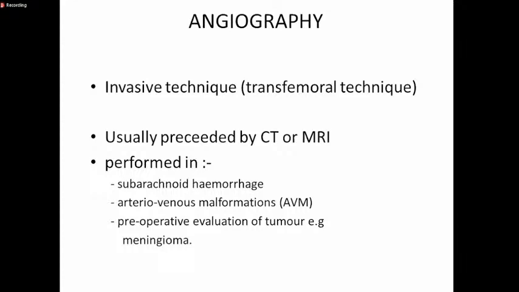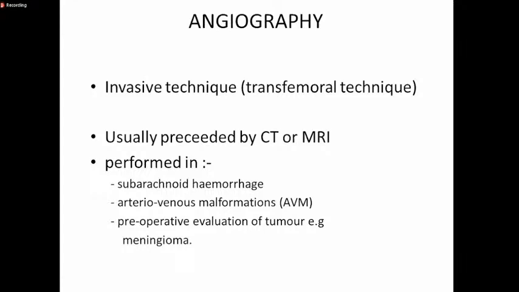We do this when we have things like subarachnoid hemorrhage, arteriovenous malformations, and for preoperative assessment of tumors. With subarachnoid hemorrhage, sometimes we have aneurysms that rupture, and you can see these ruptures, and sometimes even treat them during that sitting.